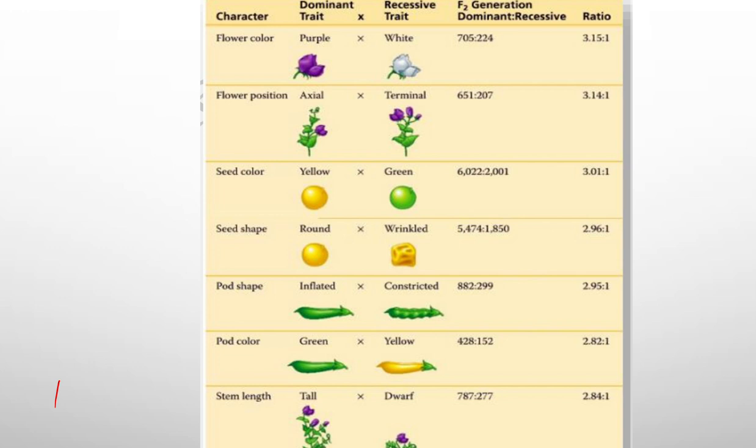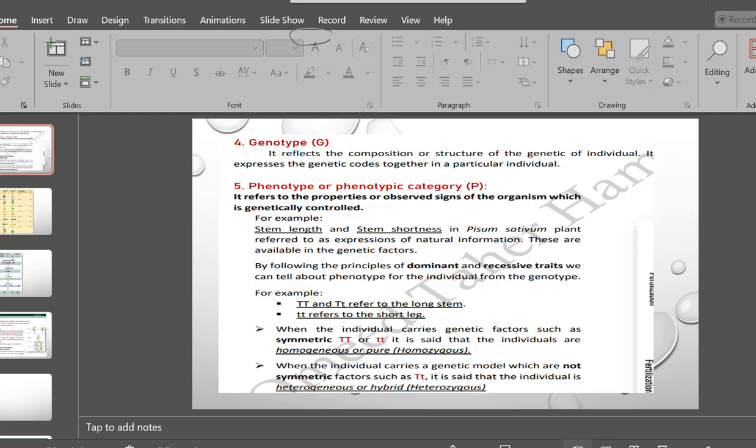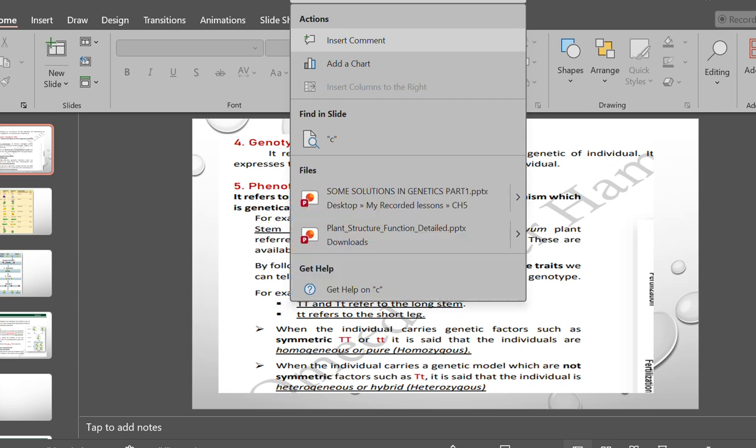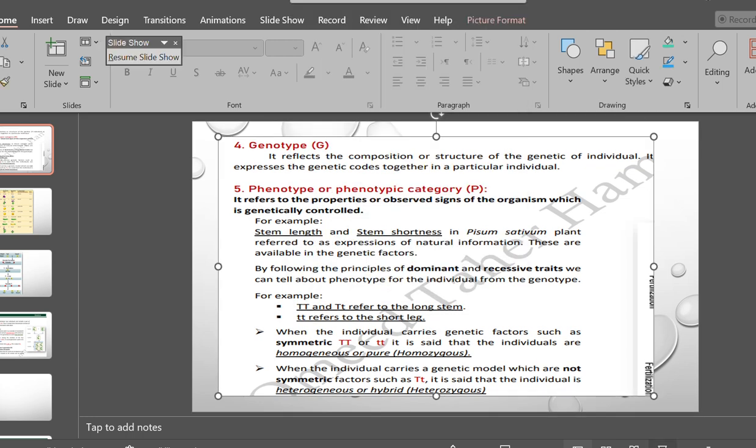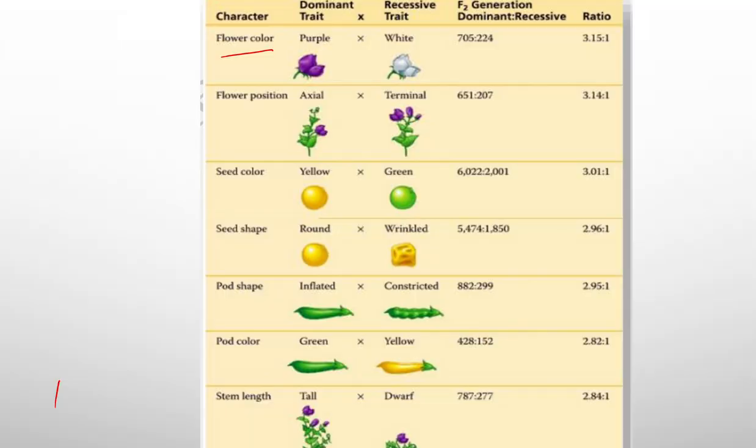According to the flower color, the purple color is dominant and the white one is recessive. And there are some alleles, genotypes for it.